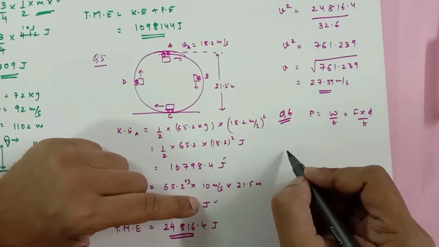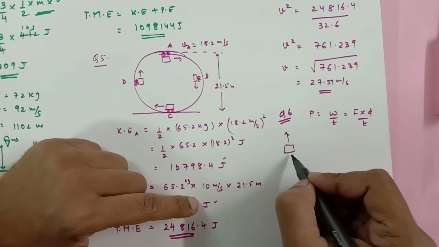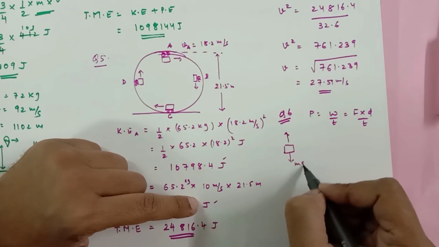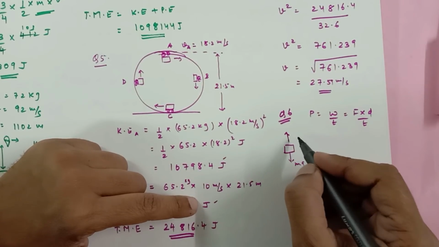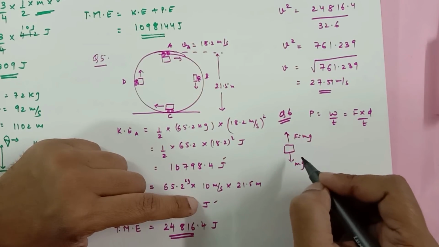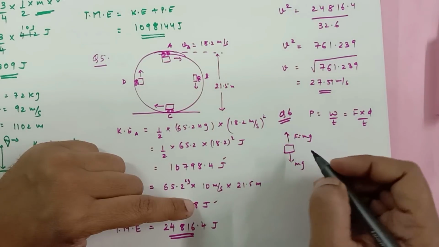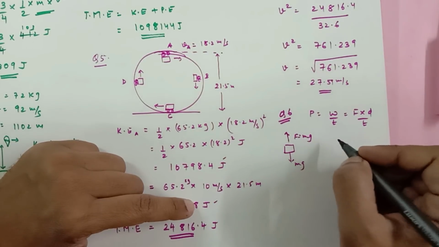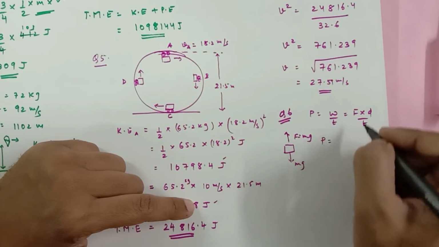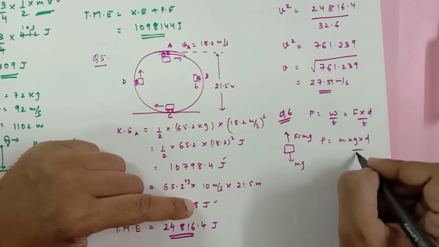When a body is being pushed up, that means the weight of the body mg is in the downward direction, and the minimum force required to lift this up should be equal to mg. So if you actually don't give this much amount of force, then the body can't be lifted. So instead of F, we can write down mg. So power would be equal to, instead of F, it will be m into g into d upon time.